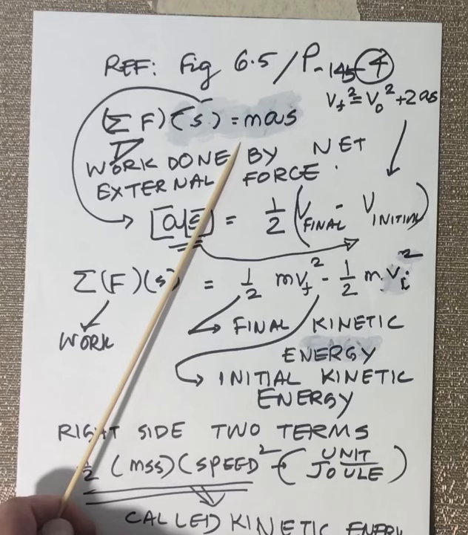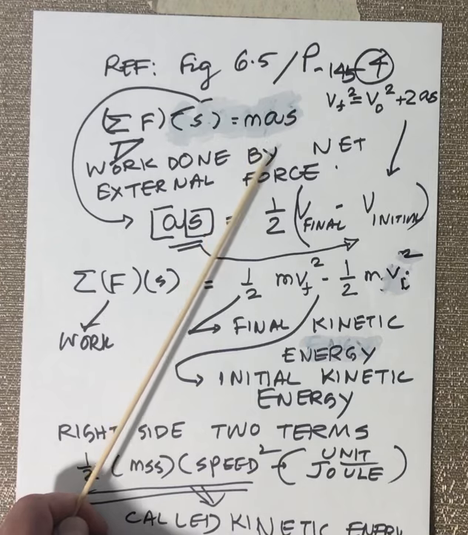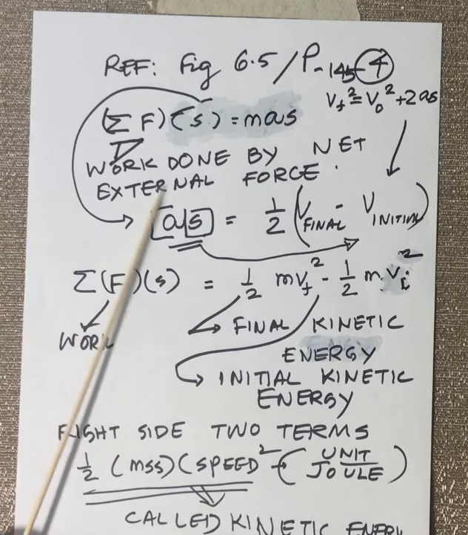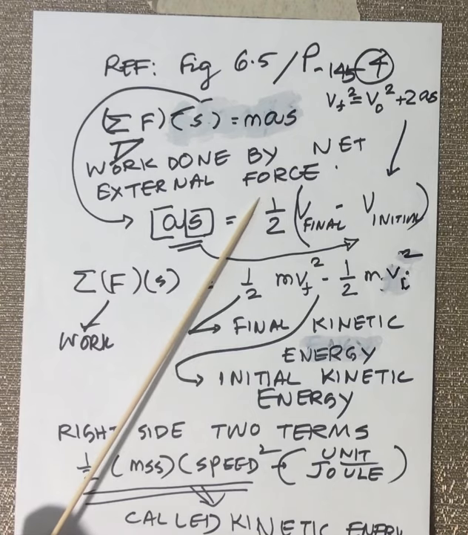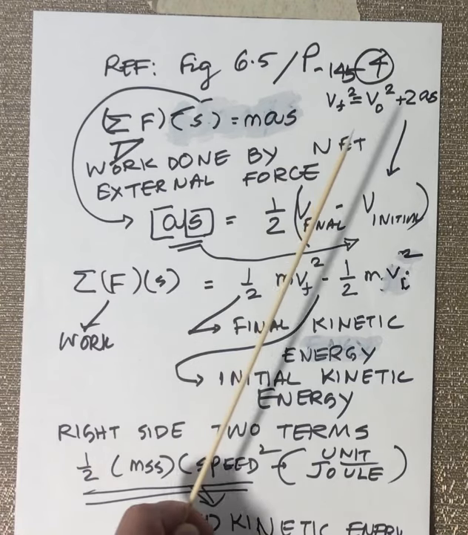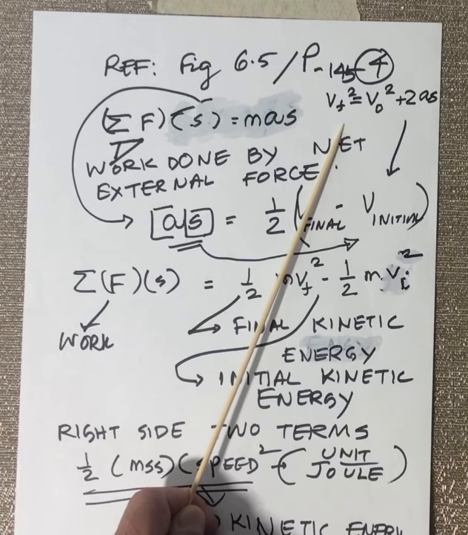Now F equals m times a, mass times acceleration, times s. So work done is the net or total external force times s. Now look at this equation we have: V final square equals V initial square plus 2as. That is the first chapter 2 equation, one of the 4 equations we studied before.